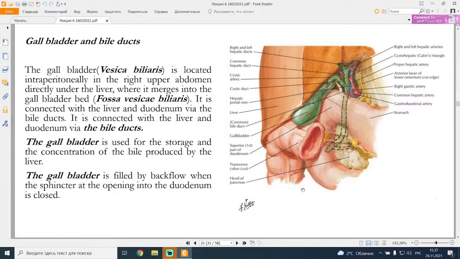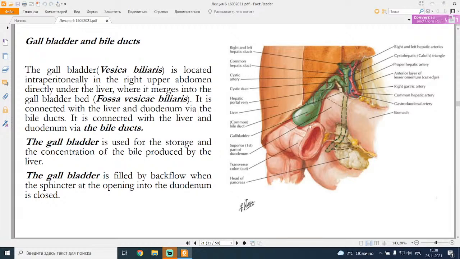Next, the gallbladder and bile duct. The gallbladder, vesica biliaris, is located intraperitoneally in the right upper abdomen, directly under the liver. It sits in the gallbladder bed.